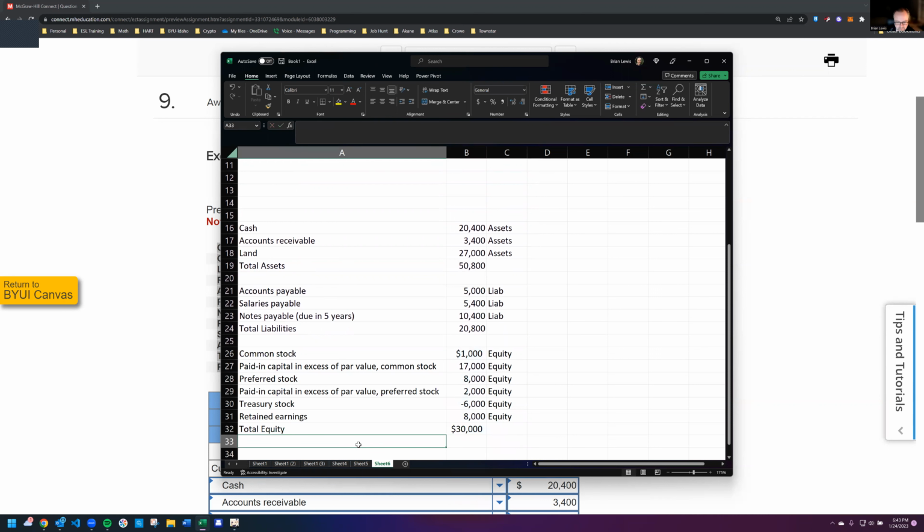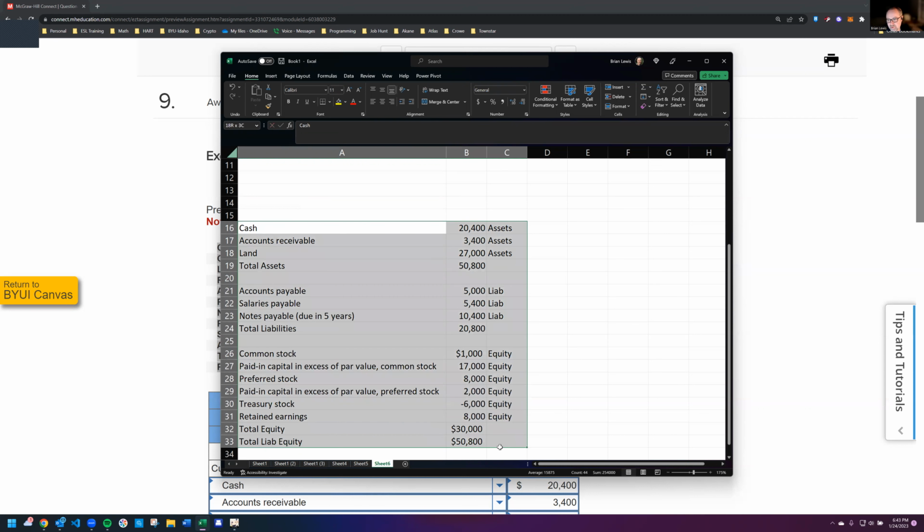And then we'll have total liabilities and equity equals that plus this. There you go. We have a balance sheet. So strip the data over, organize it, put it in its proper order.